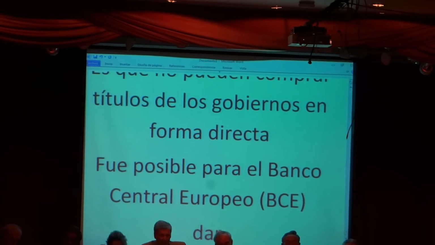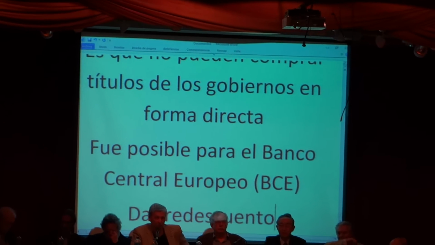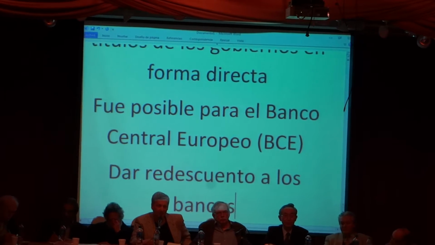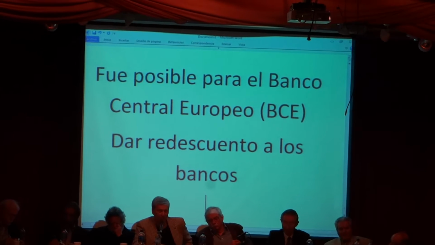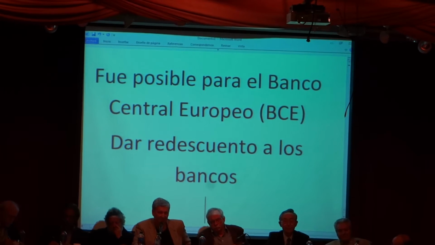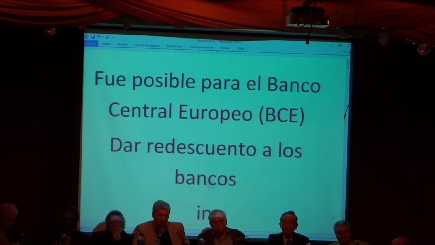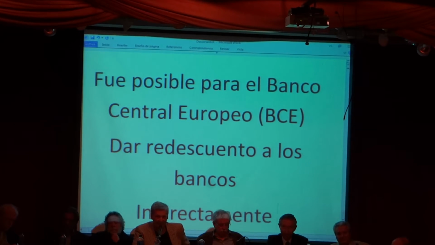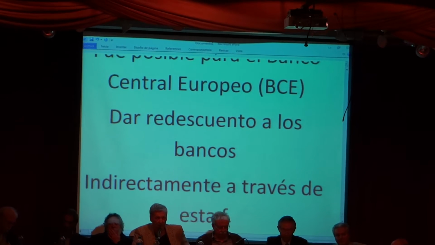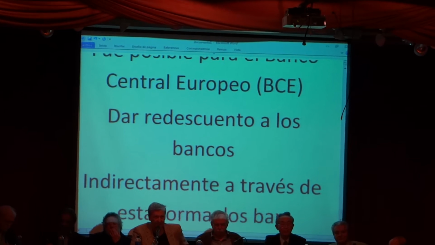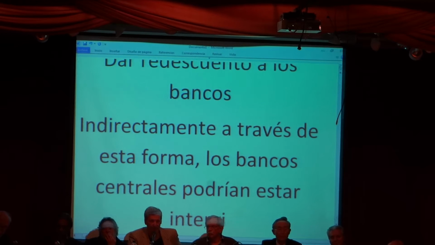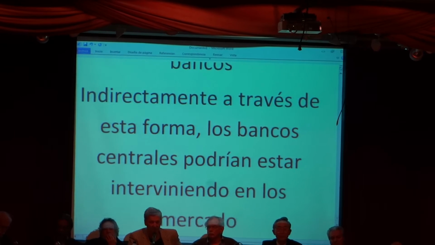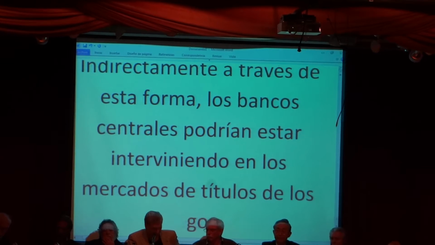So indirectly, through what are called repos and reverse repos, the ECB would purchase government securities for one week, promising to sell them back a week later. But this could not really have an impact on the prices of the sovereign debt, the government securities.